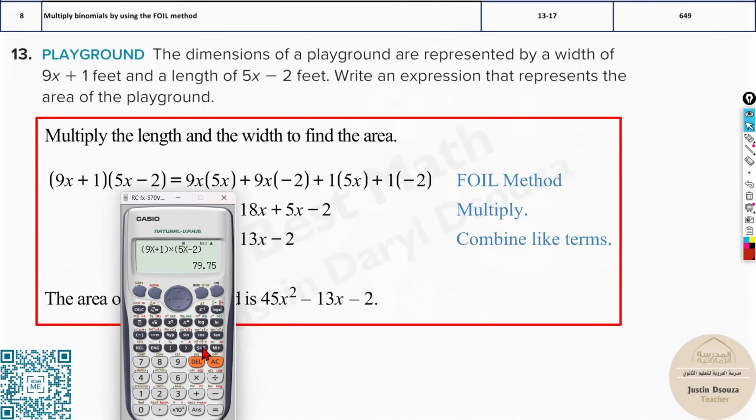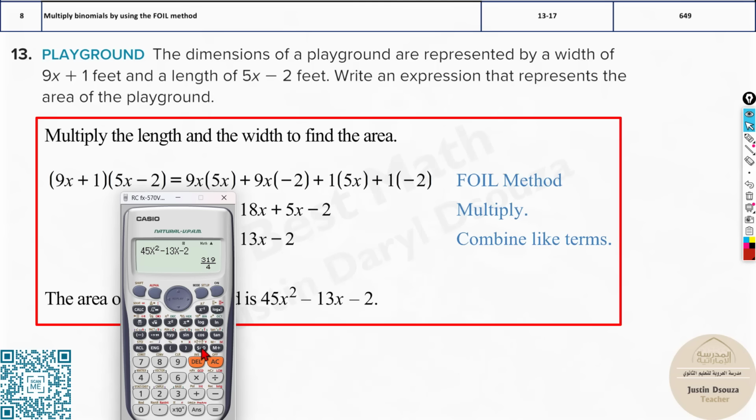It is 79.75. Now the same thing needs to be done for each of the options; all the options need to be inputted over here. Write them as it is. 45x squared minus 13x, write x as variable x, minus 2, and now calculate it at the same value we considered, 1.5.